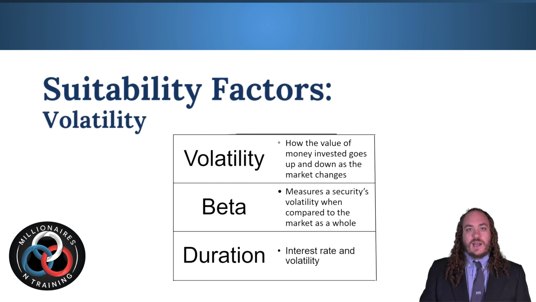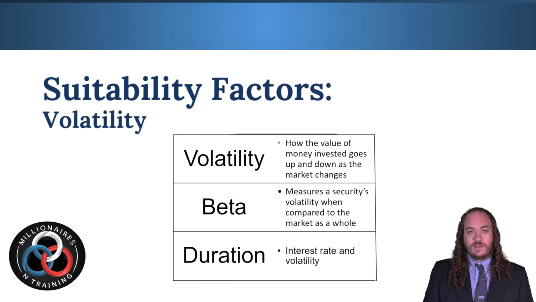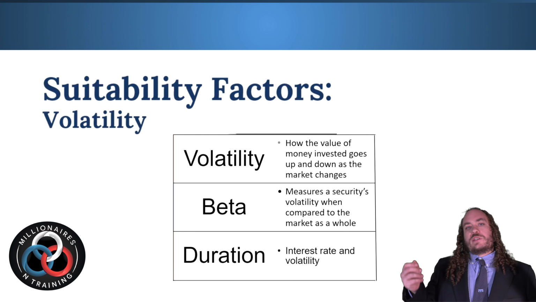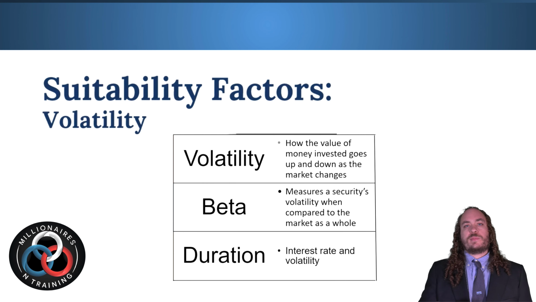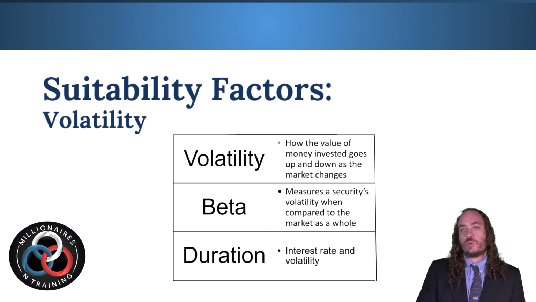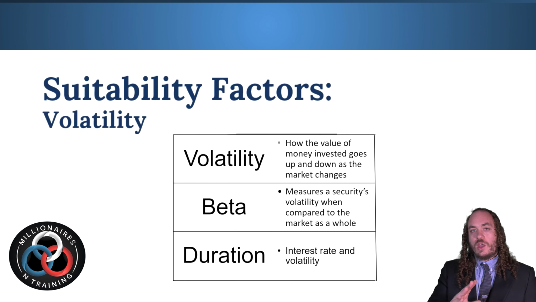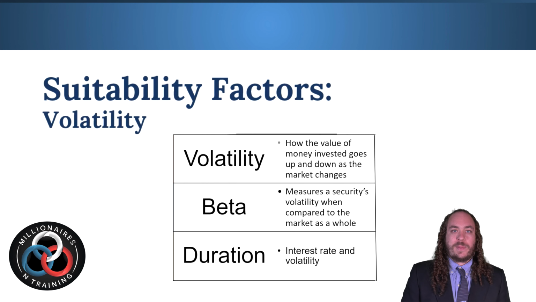Suitability factors. Let's take a look at the idea of volatility. How does the value of money invested go up and down as the market changes? How we measure a security's volatility when comparing it to the market as a whole is through a measurement called beta.